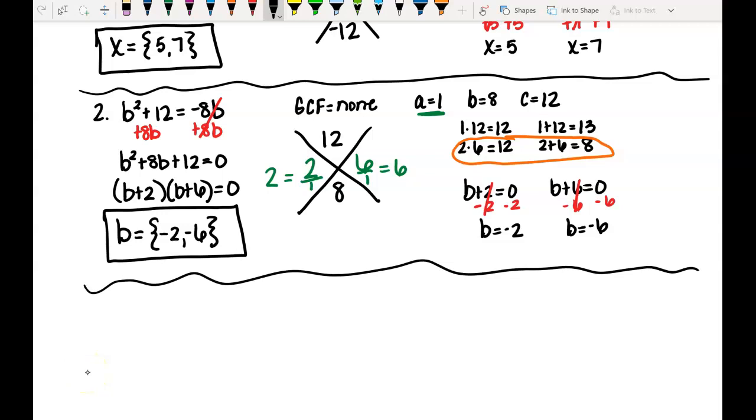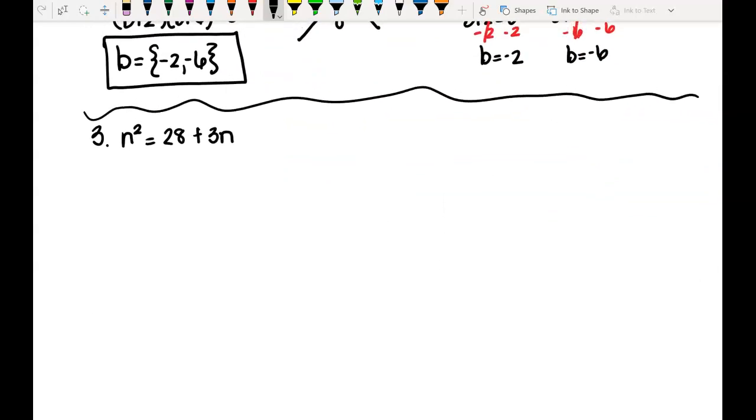Okay, number 3. n squared equals 28 plus 3n. Again, I have to make sure that I am moving everything to the left so that it's in standard form and the right side is equal to 0.